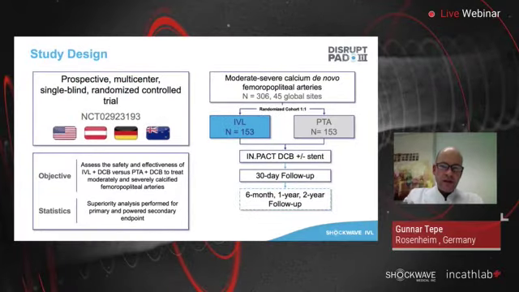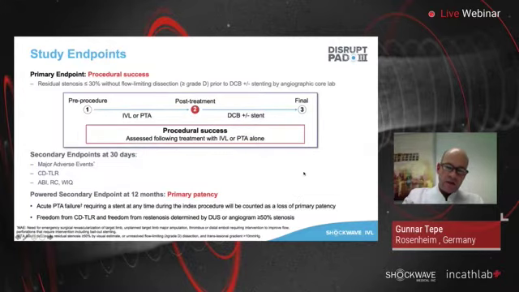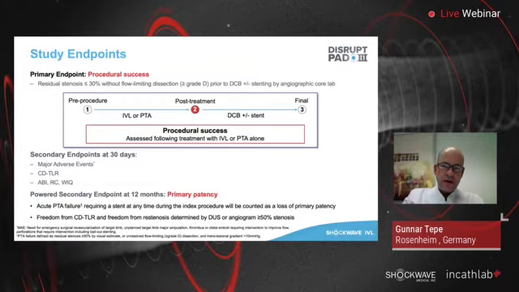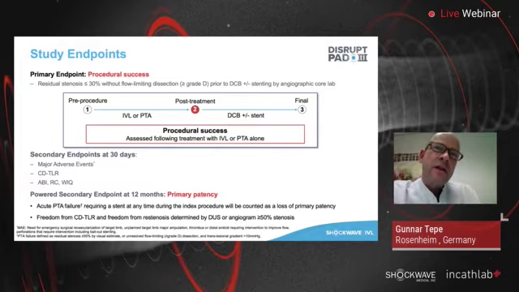As you see over here, more than 300 patients were enrolled in that trial, at 45 global sites. If you go back one slide, you see that a total of 153 patients were enrolled in both arms. After this, there was the primary endpoint, which was this endpoint of success.